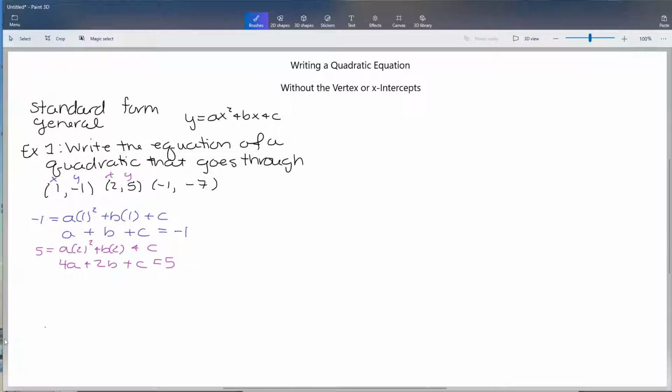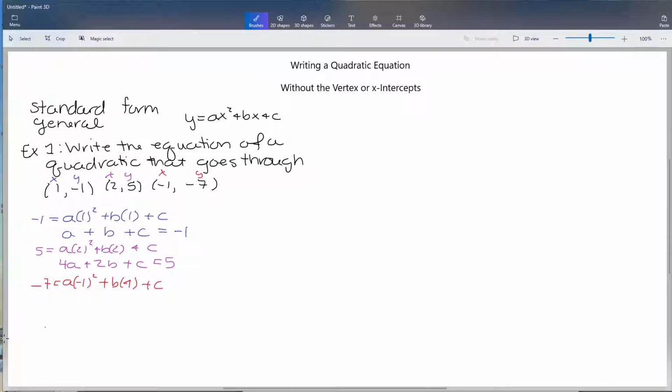Okay, and then my last one of plugging in x and y, I'm going to get -7 equals a times x squared plus b times x, plugging in -1 for x, plus c.